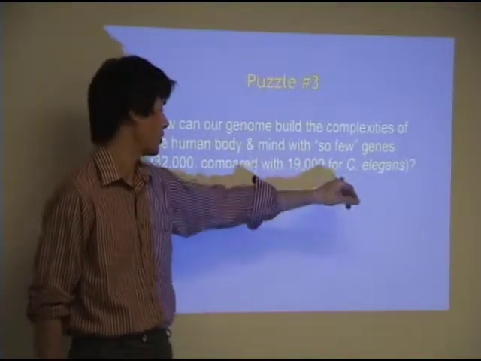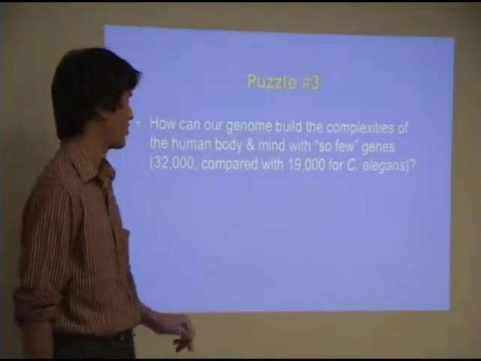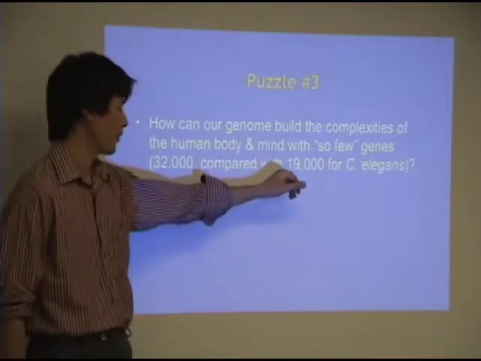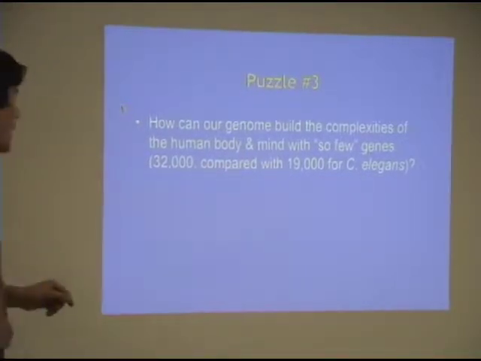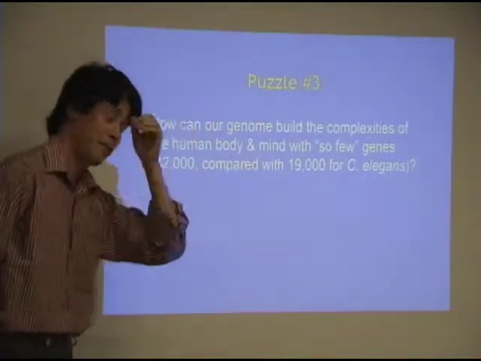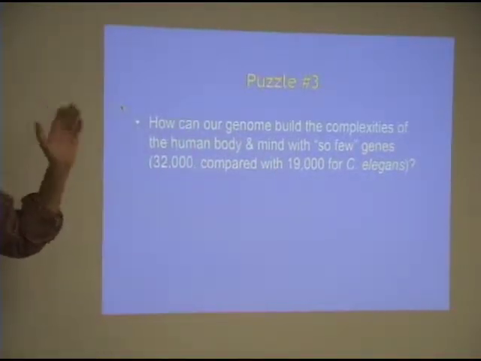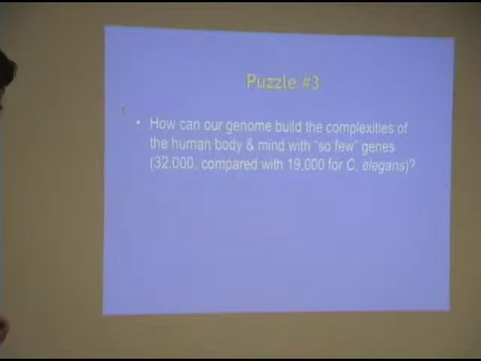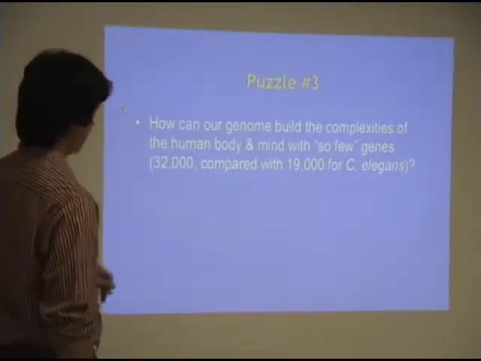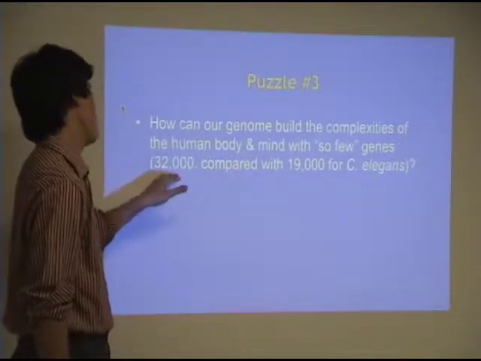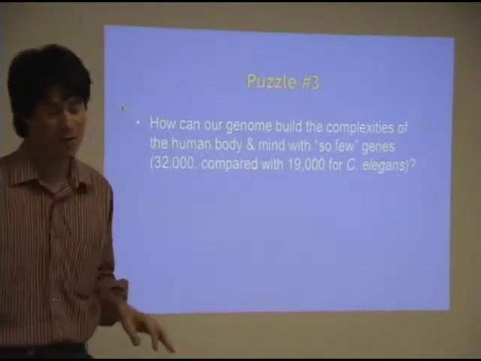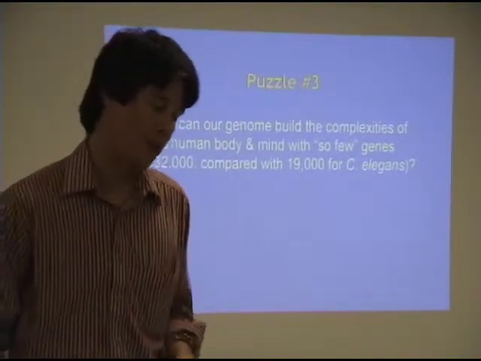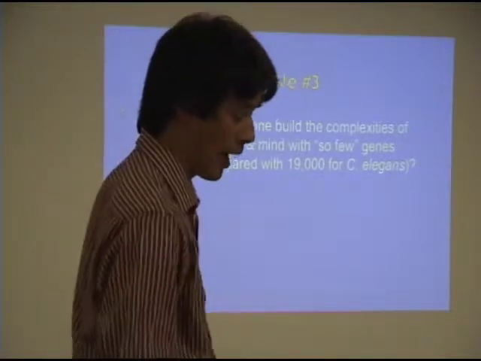It's microscopic in size. It has 19,000 genes, really not that much different from the little fruit fly that I mentioned a moment ago. And we tend to think of ourselves as being dramatically more sophisticated and complex than these little guys. Yet our genome, the latest consensus estimates, is actually an even smaller number of genes than this, maybe in the 25,000 to 30,000 range, depending upon how you count.